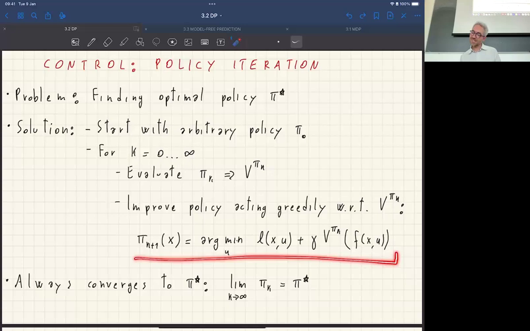And I think to really understand it, you need to go through the proof of convergence of this algorithm here. So policy iteration. You can find it in the slides, and if you want to gain a deep understanding of it, I suggest you go through it. It's not very difficult.